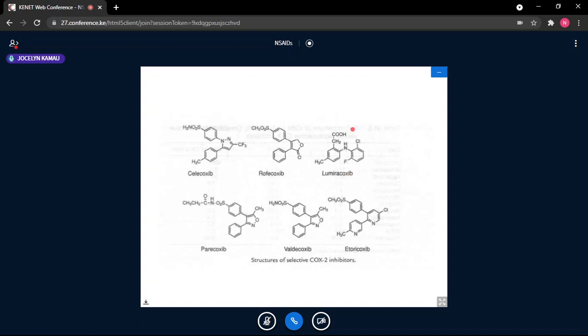But lumiracoxib has a structural resemblance, a bit of it, with the acetic acid derivatives, in that you have that phenyl ring there, and you have the acetic group joined with that.